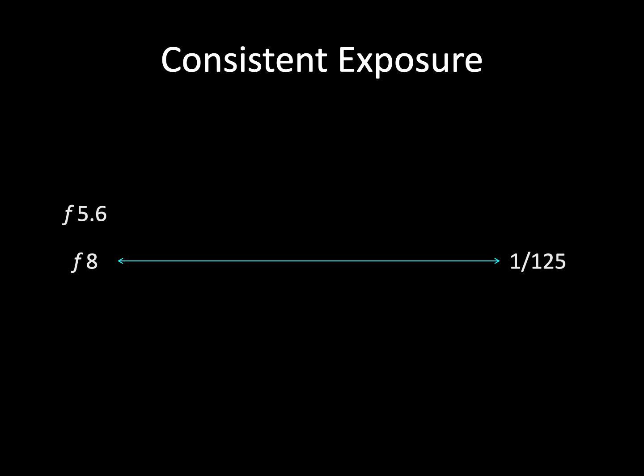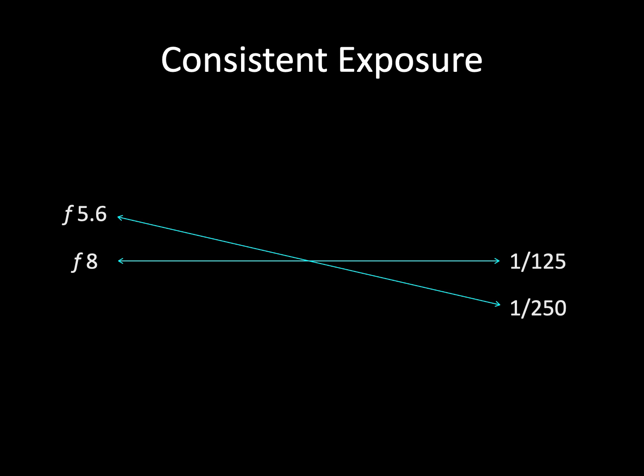Now from f8 to f5.6, you've gained one stop of light, meaning it's twice as bright. So in order to have the same consistent exposure, the shutter speed has to allow half as much light in, which means it has to be twice as fast. So f8 at 1/125th of a second will give you the same exposure as f5.6 at 1/250th of a second. You've kept those in balance. By making a change to one side, you've had to balance it on the other side.